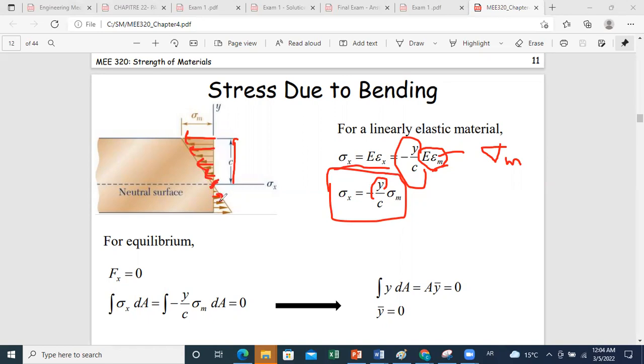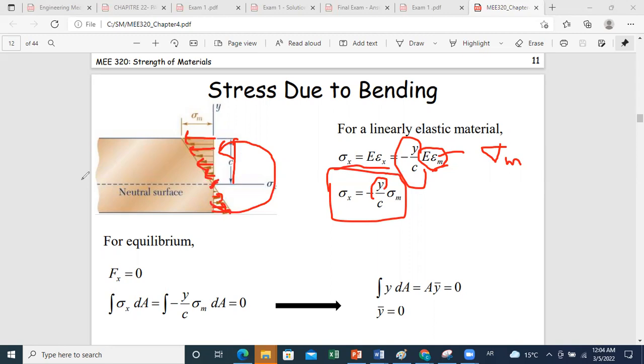So you will have the development of tensile stresses below the neutral axis. And then, if you take the net moment created by these normal stresses, you will have a bending moment along z. Okay, so we can now say that the normal stress distribution will be linear and it will be zero at the neutral surface.